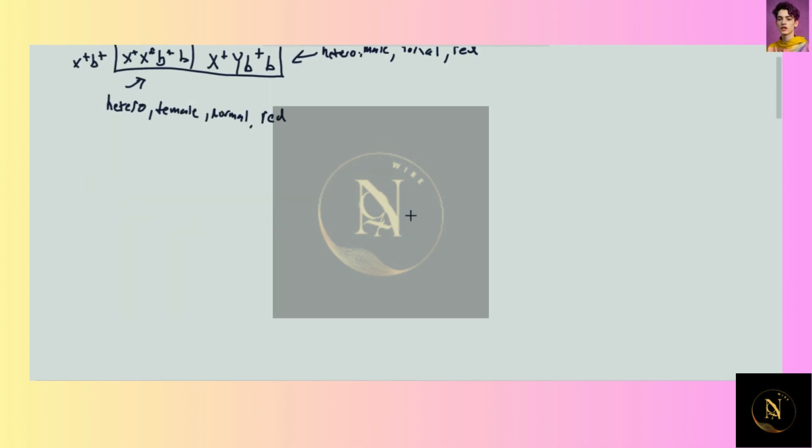So now our F1 was intercrossed, so we're crossing these two progeny that we got. X+X^F B+b crossed with X+Y B+b.